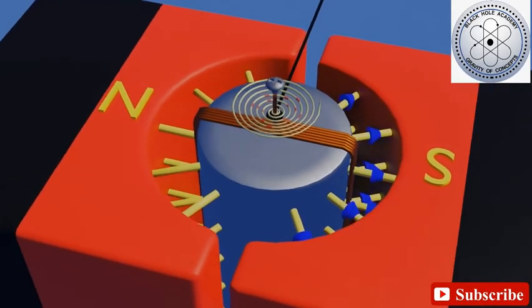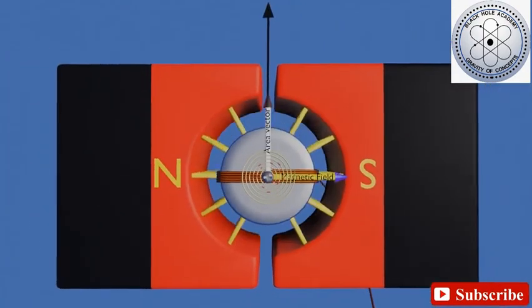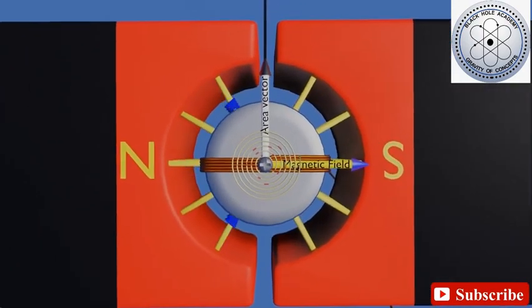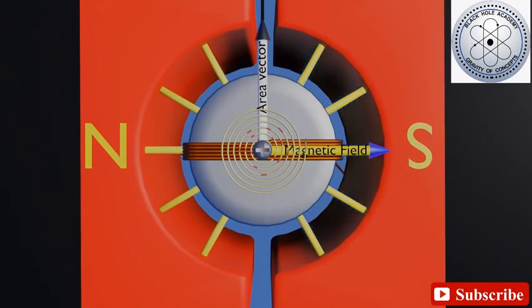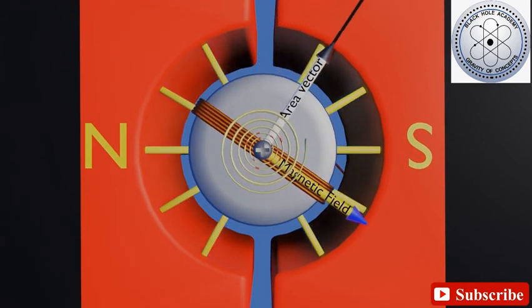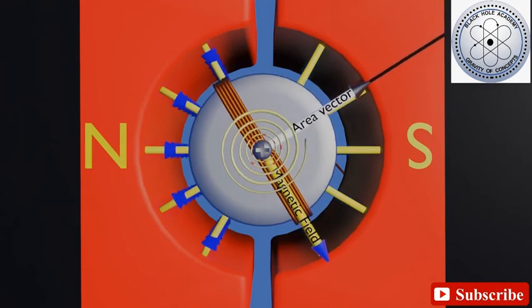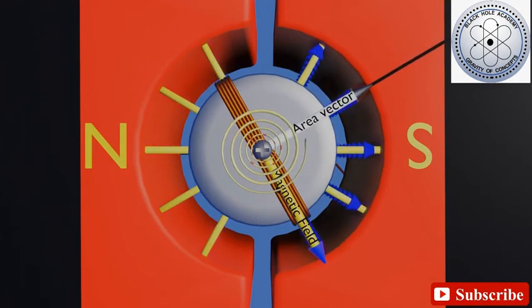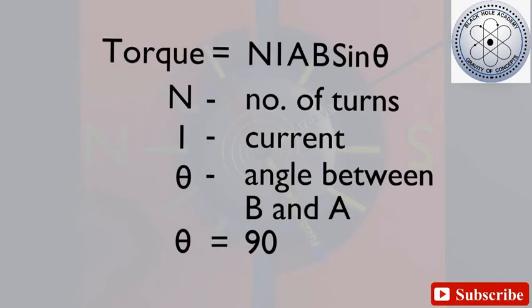Let's move to the top view and try to analyze it. Now we can see that because of the radial magnetic field, for each and every position of the coil, the magnetic field and the area vector are at a right angle, or theta equals 90 degrees. Therefore, the radial magnetic field provides constant torque irrespective of the rotation of the coil.